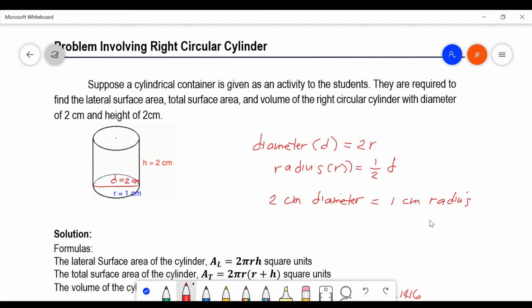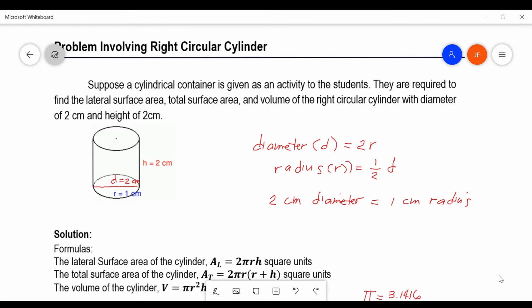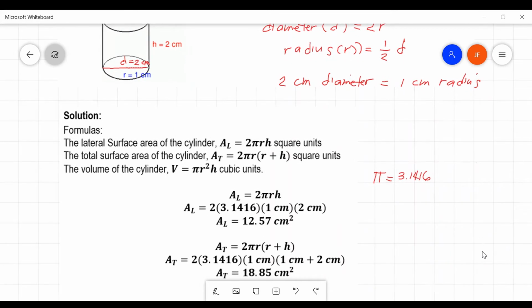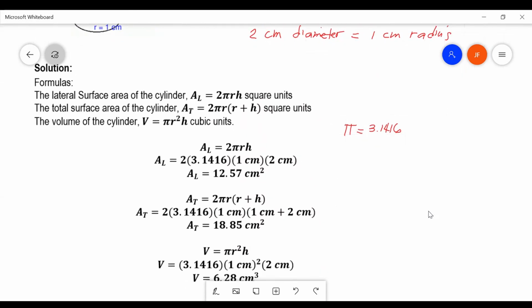Okay, so proceeding to our formula for the lateral surface area. To solve the lateral surface area, we are going to substitute first the values given.